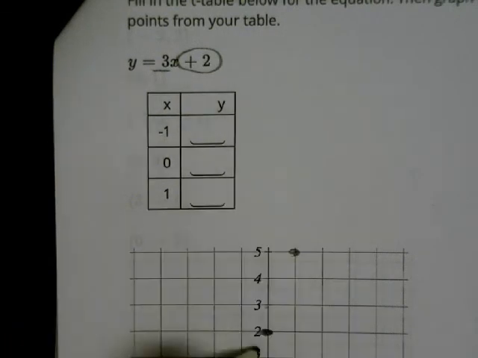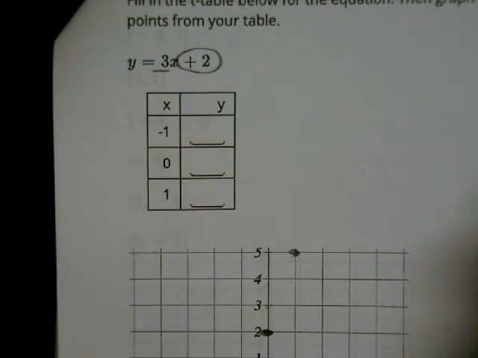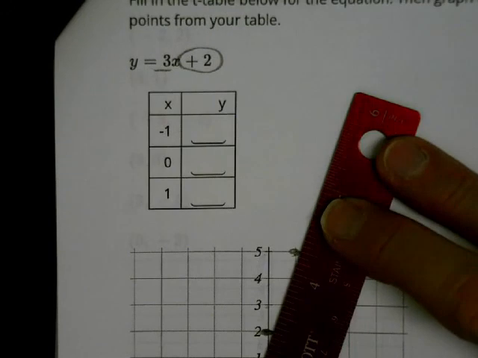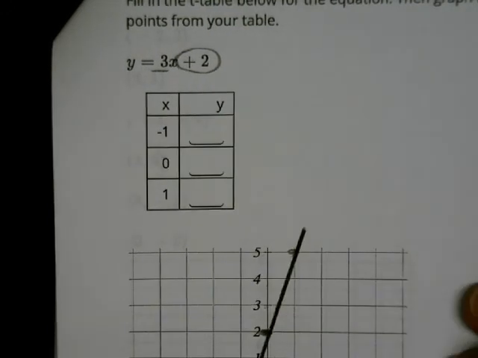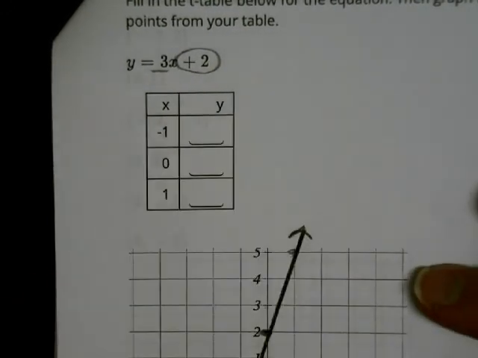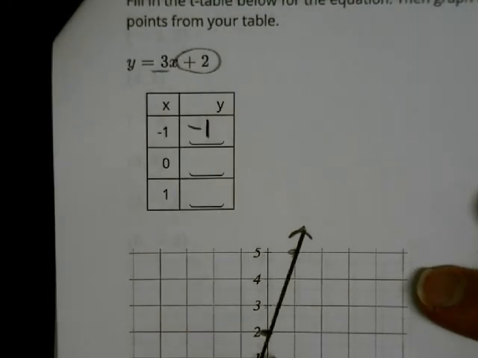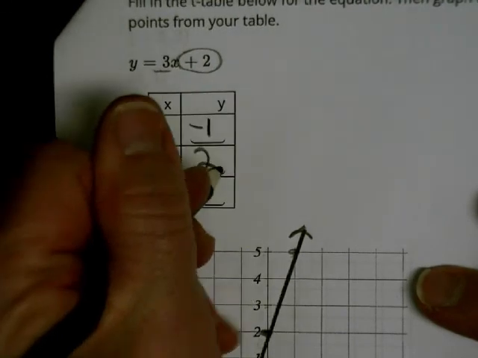Caesar was talking about doing it a different way. He graphed the line and then found the points. You could graph the line, crossing at 2, and then up 3 over 1. And you can draw the line down 3, back 1, down 3, back 1.